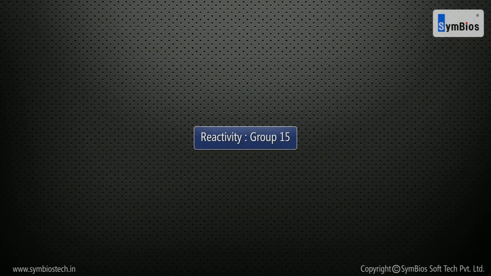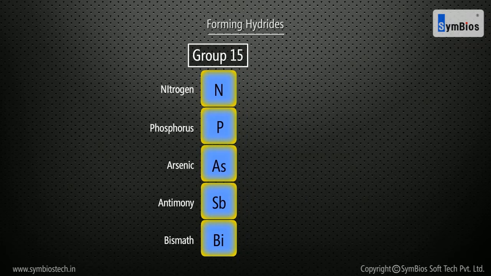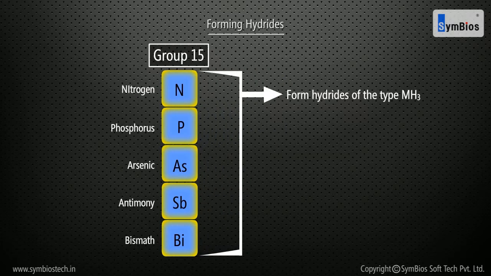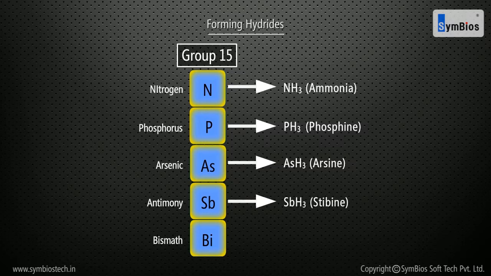Reactivity of Group 15. Forming hydrides. The elements of Group 15 form hydrides of the type MH3. They are NH3 ammonia, PH3 phosphine, AsH3 arsine, SbH3 stibine, and BiH3 bismuthine.